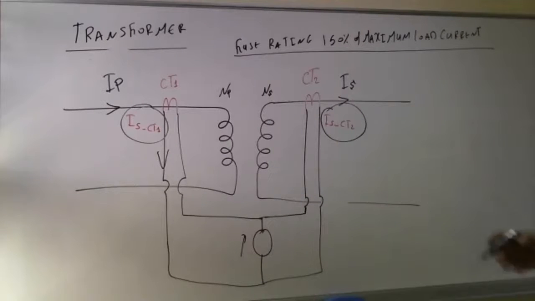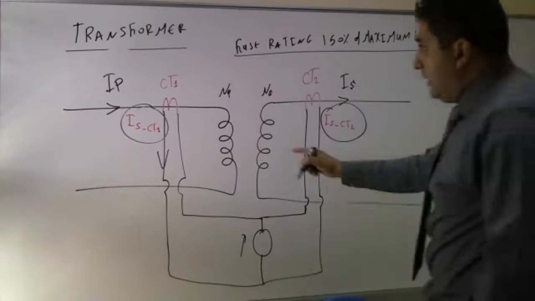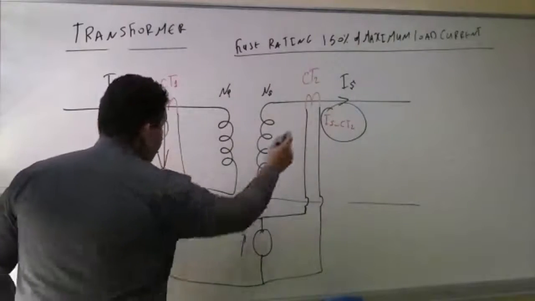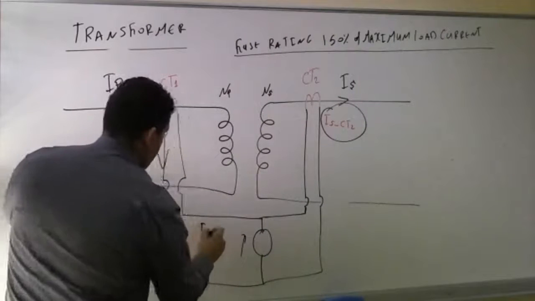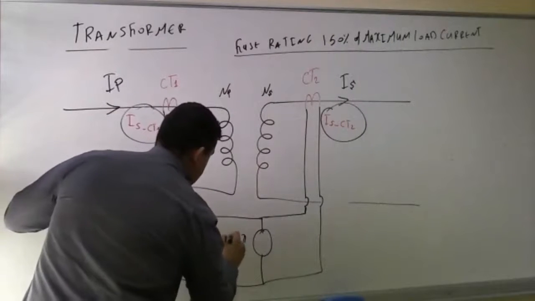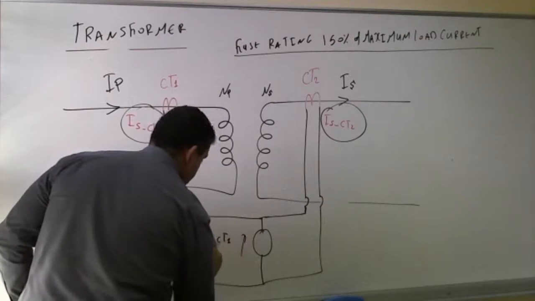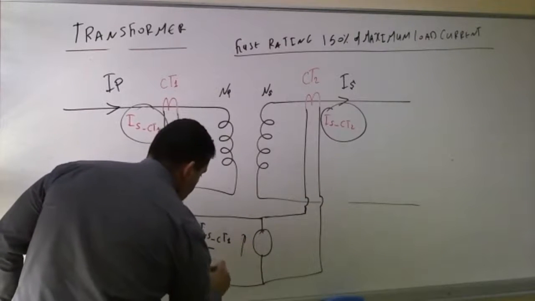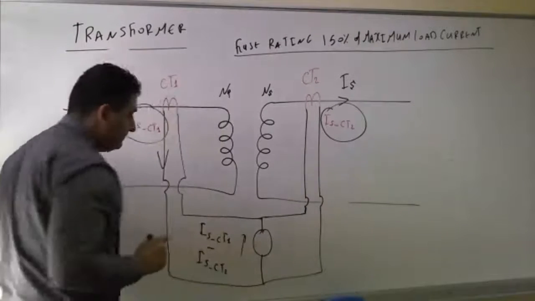In the second current, I will differentiate between the primary and the secondary. So this is equal to this difference minus this difference: I S of CT1 minus I S of CT2.